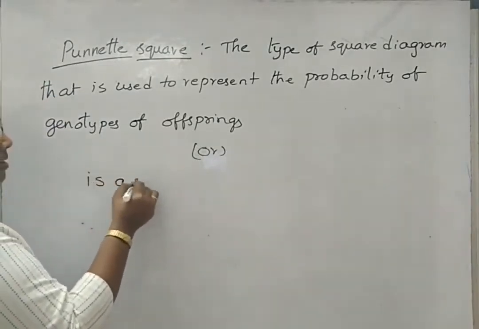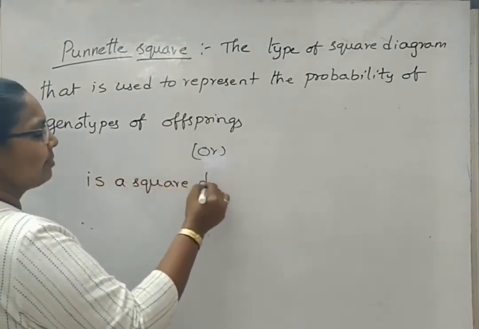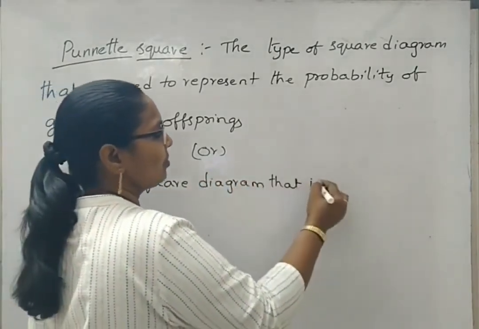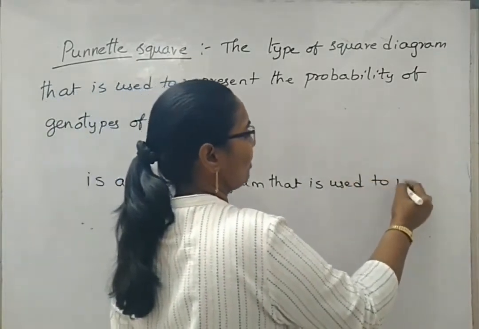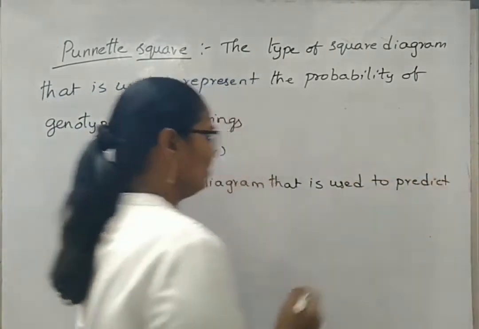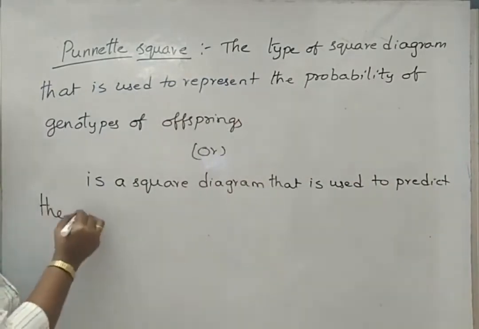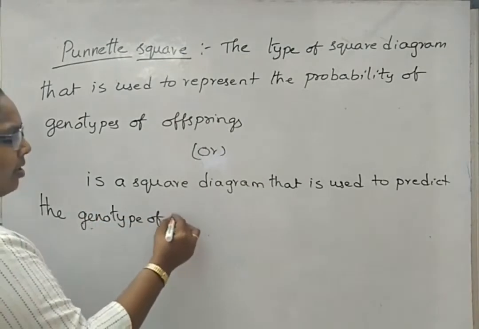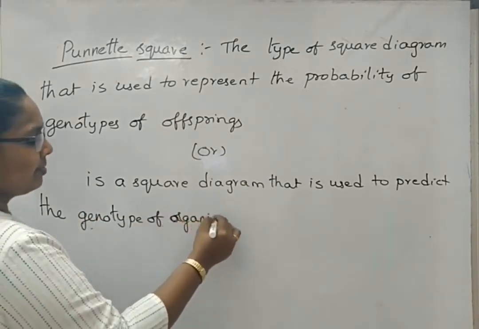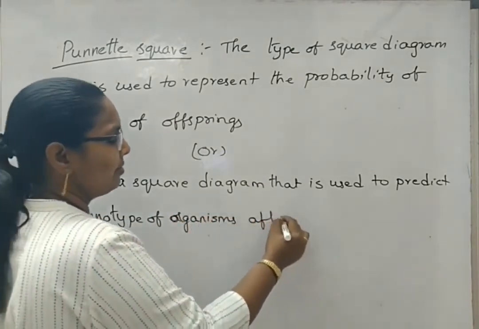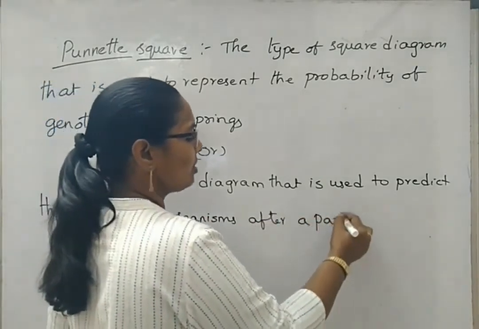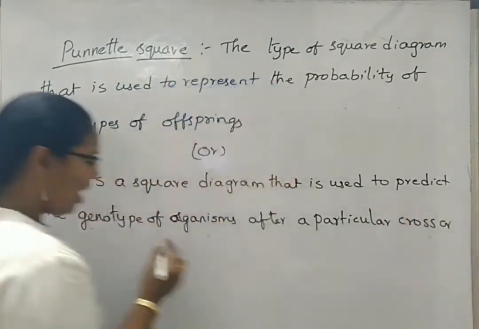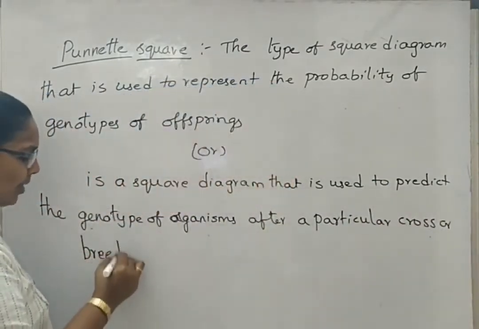It is a square diagram that is used to predict the genotype of organisms after a particular cross or after a particular breeding experiment.